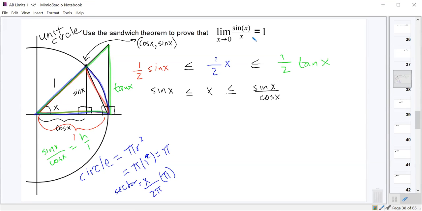And then we could take the reciprocal of it, right? So if I divide everything by sine x, that's okay to do, right? Do any inequality signs need to flip if we divide by sine x? No. No, why not? Because sine x can't be negative, right?